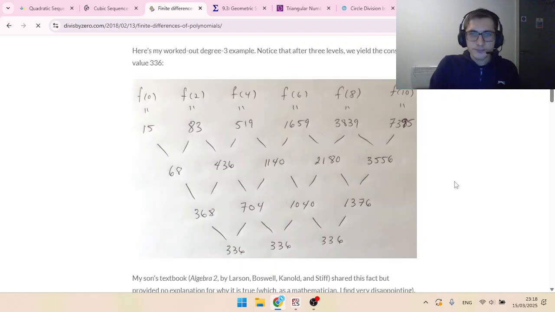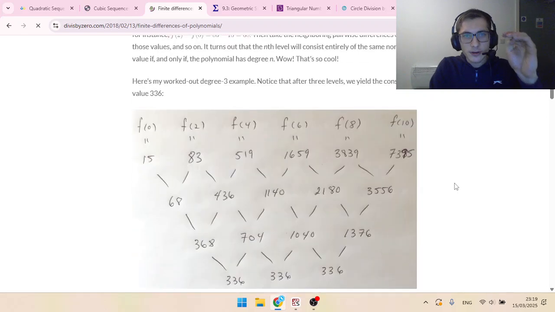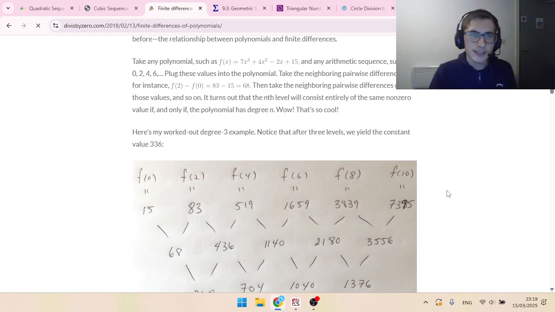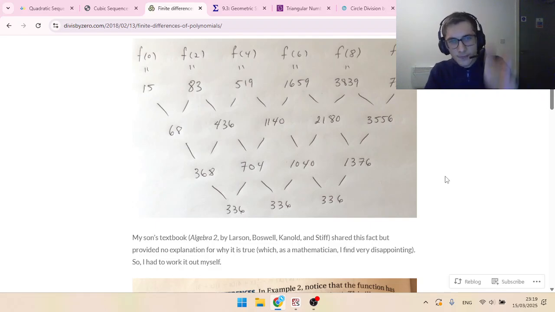So he proved that it works, that you can increase the degree of the polynomial and just go on with extra lines of differences, as follows.